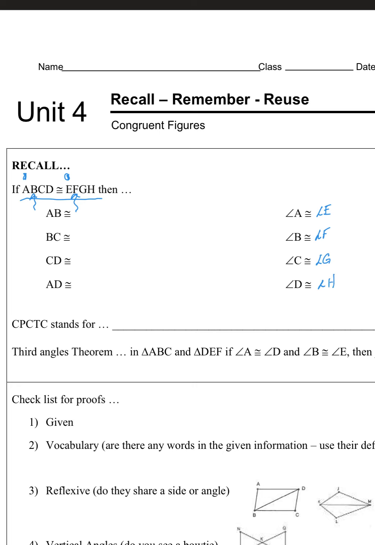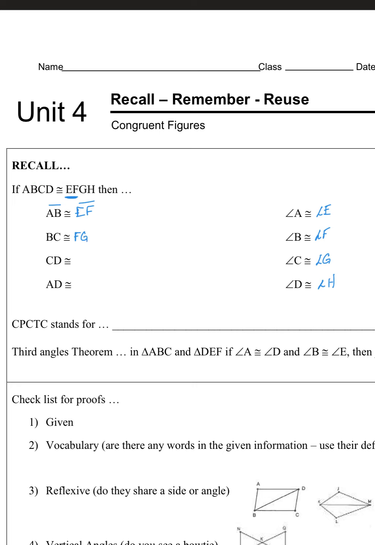Okay, so now we're going to look at your sides. It works the same way. AB is the first two letters, which means we're going to match that up to the first two letters of the second shape. So we're going to have EF. BC would be your next two letters, the second and third, so we're going to use the second and third, so FG.